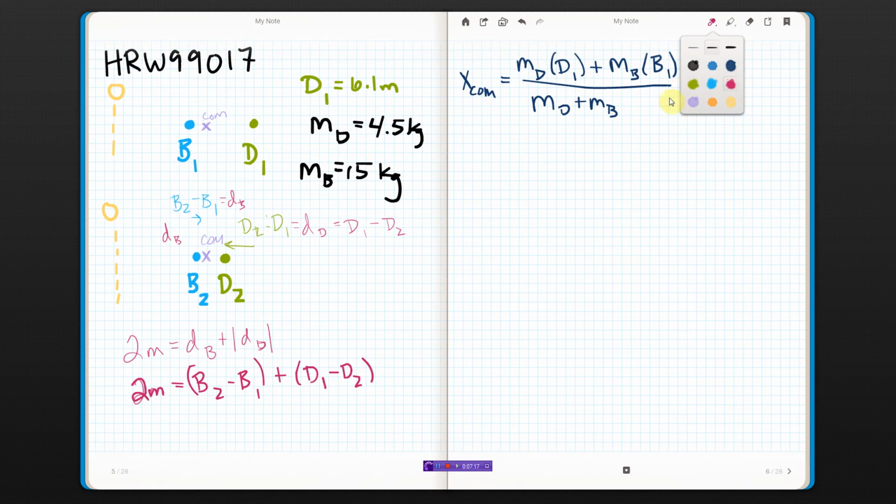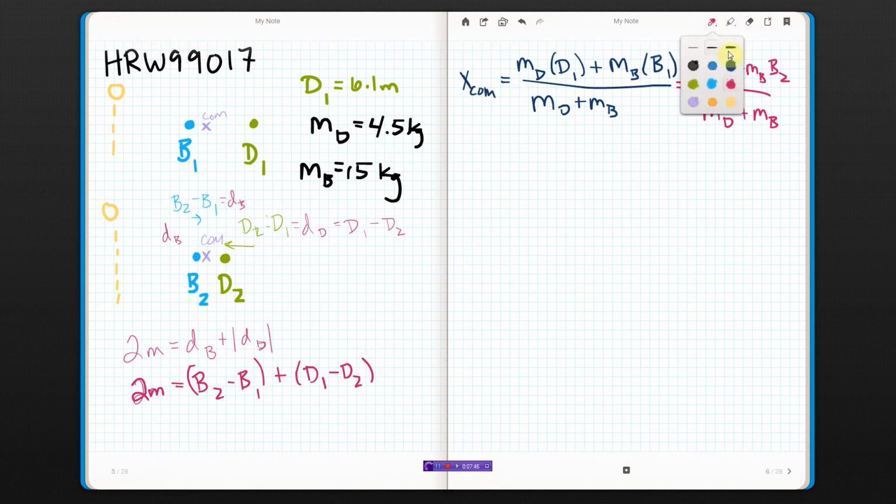Then that should also equal, after the move, the mass of the dog times the position of the dog plus the mass of the boat times the position of the boat, divided by the total mass of the dog plus the mass of the boat. Again, these should be equal because the position of the center of mass should not change.